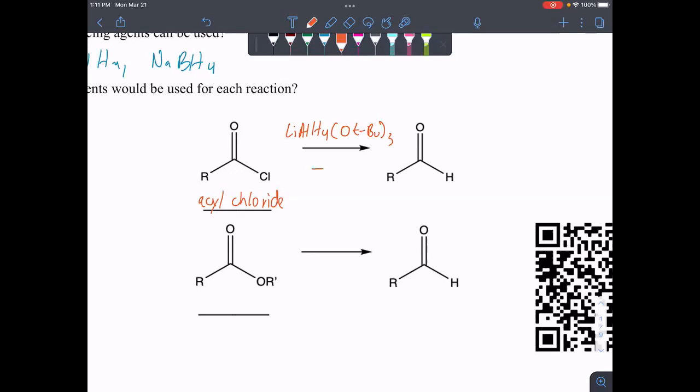So on the bottom, it'll be like -78°C. So anytime you see an acyl group with a halogen, in order for it to go back to an aldehyde, it has to be cold. Yeah, you have to use this reagent at cold temperatures.